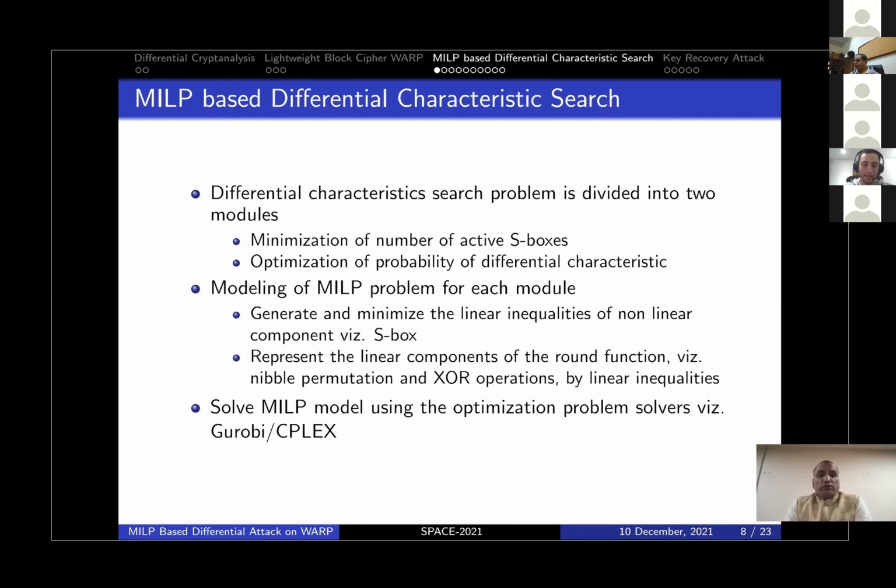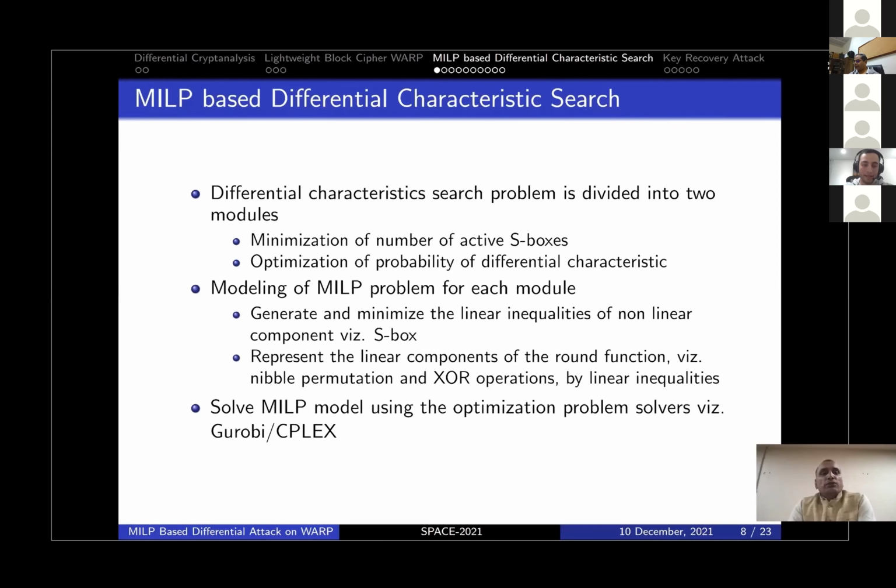First, we generate and minimize the linear inequalities of the nonlinear component, the S-box. Then we represent the linear components of the round function, namely nibble permutation and XOR operations, by linear inequalities. We solve the MILP model to construct the differential characteristics using the available optimization solvers, that is Gurobi and Simplex.